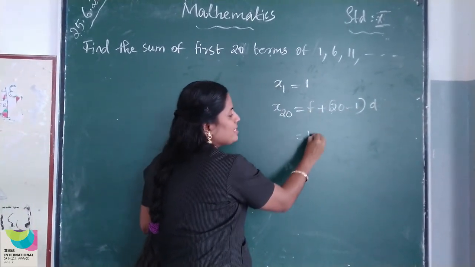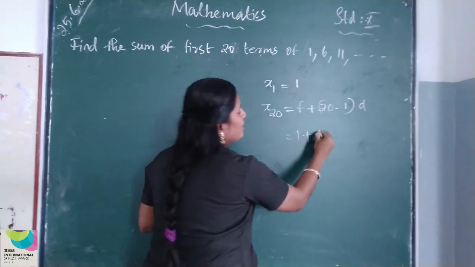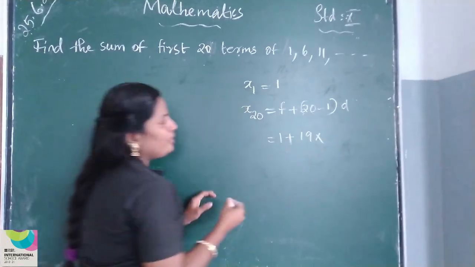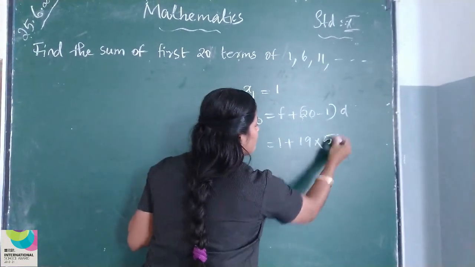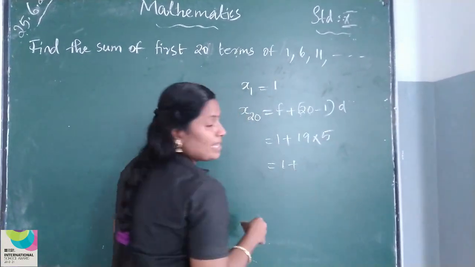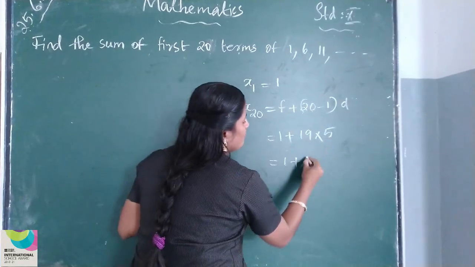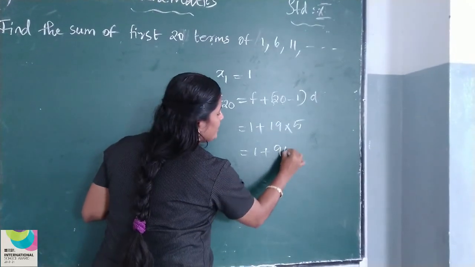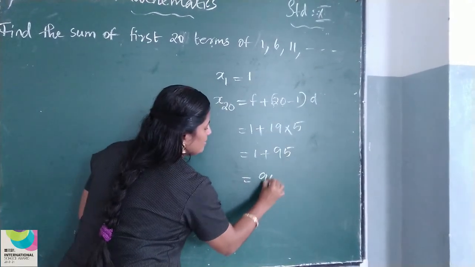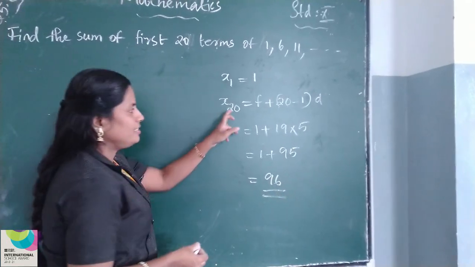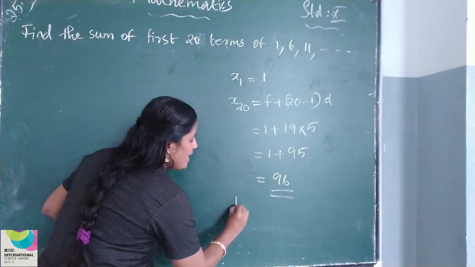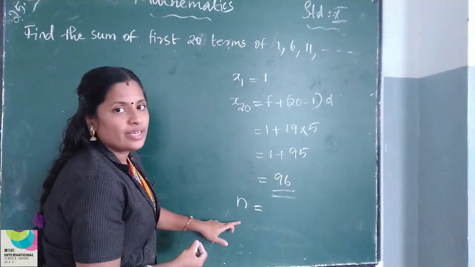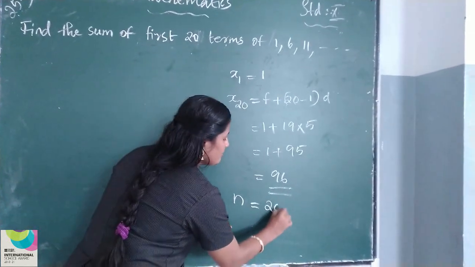F, the first term, is 1. 1 plus 19 into the common difference. What is the common difference of the sequence? It is 5. That is 1 plus 19 into 5, 1 plus 95, that is 96. So x20 equals 96. What is n? The number of terms is 20.